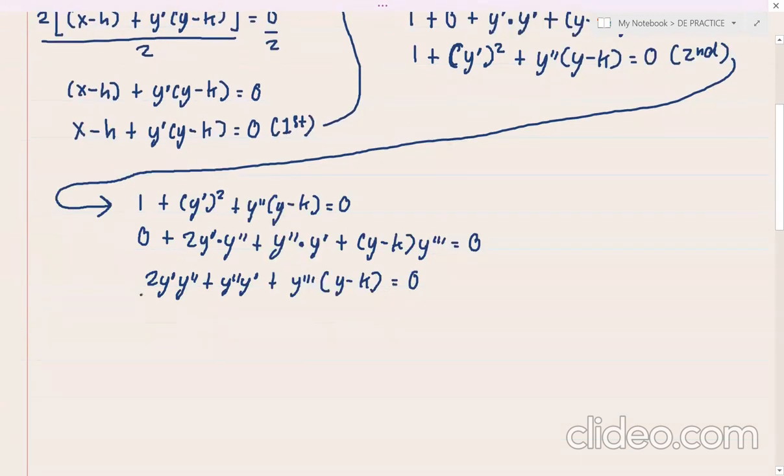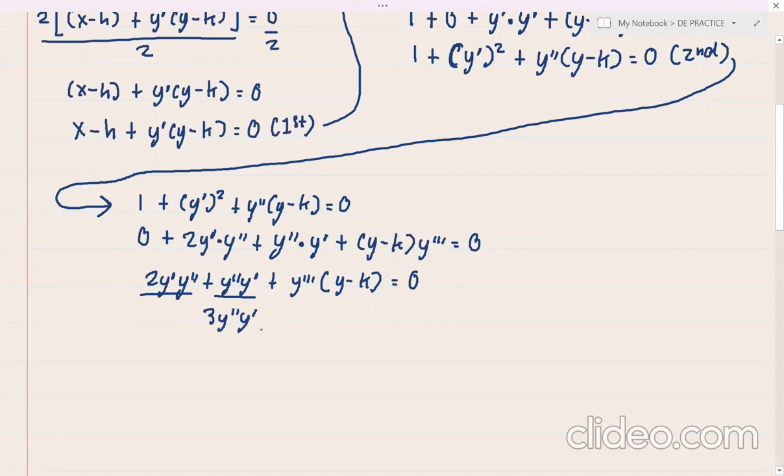Since 2y prime, y second prime, and the second term, y second prime, y prime, these two are similar to each other. So we can add them together. If you add 2y prime, y second prime, and y second prime, y prime, it becomes 3y second prime times y prime.